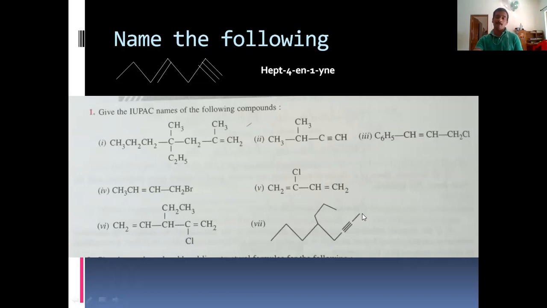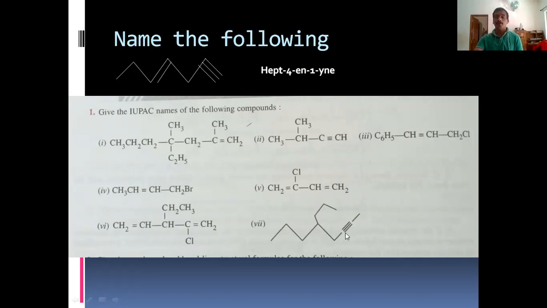Start numbering from here. 1, 2, 3, 4, 5, 6, 7, 8. The triple bond is in the second carbon atom. There are 8 carbon atoms, so oct-2-yne.